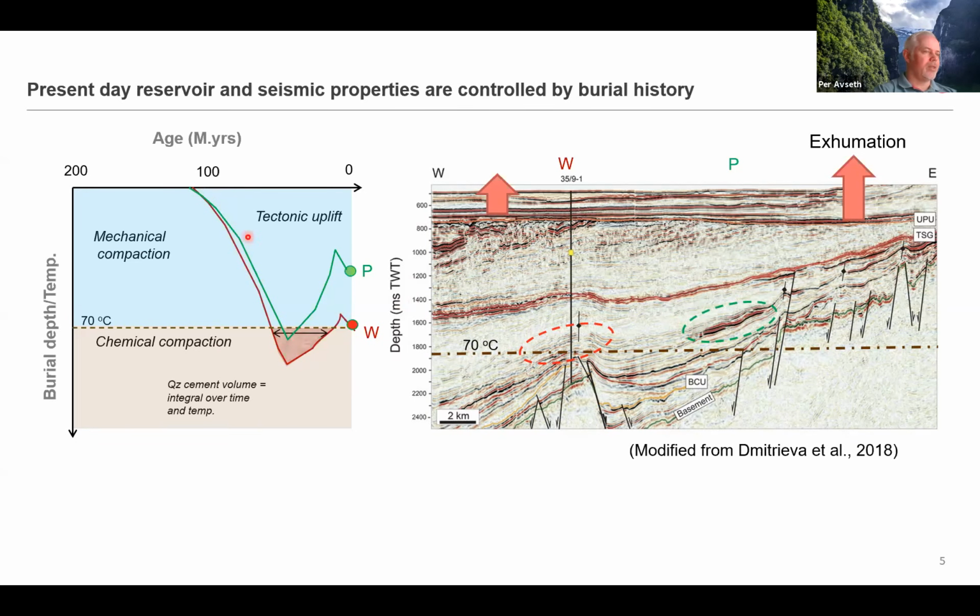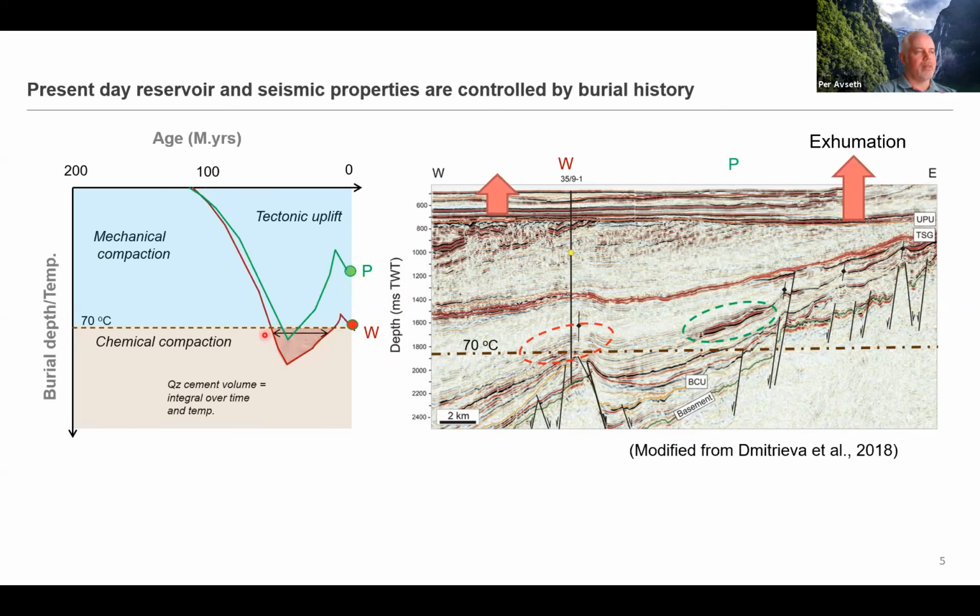And you see here that the burial history is different, and you can actually see in the stratigraphy here that there has been some uplift increasing towards Norway. The coast will be on the eastern side or right-hand side, and you see that the uplift has been larger than more basinwards. And that's what you see also in the burial curve here.